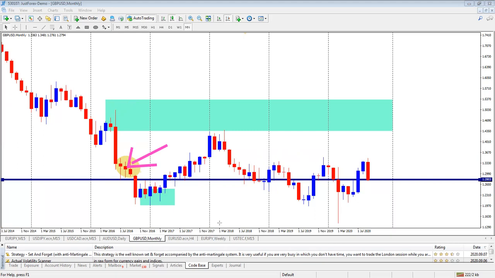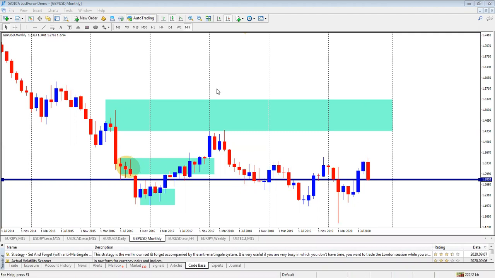This move from here, the one that I'm starting to mark now as a GBP USD monthly demand, took out this previous opposing zone. Our opposing zone, the last time it was drawn, was something like this, all of these basing candles, drawn as this basing candle.